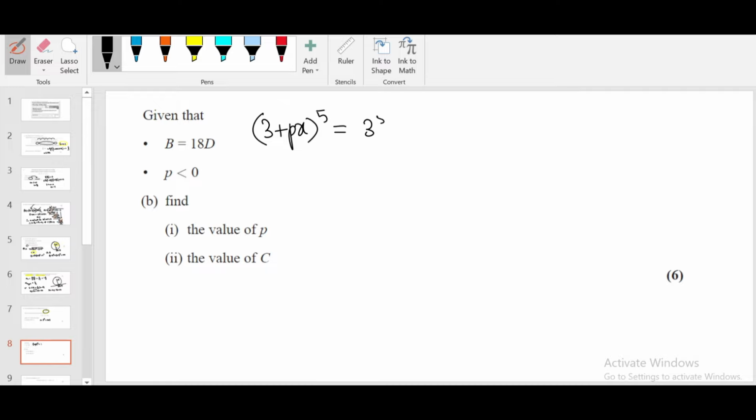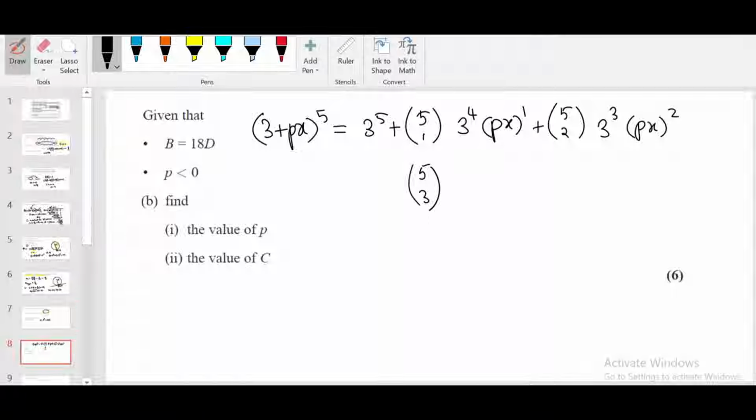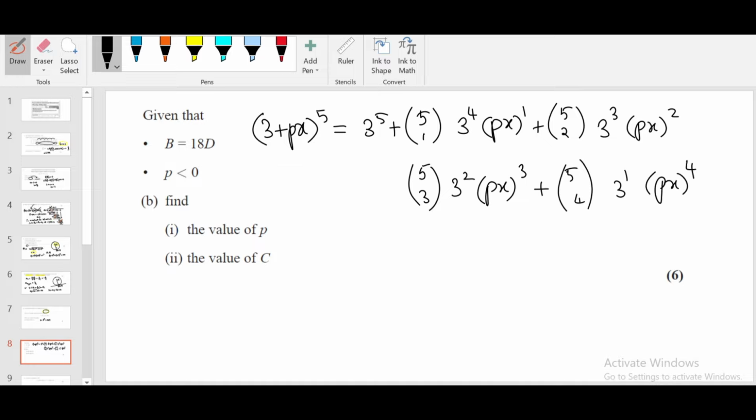It's a power n plus nc1 a power n minus 1 b power 1, b is the second term, nc2 a power n minus 2 b power 2, and then nc3, and the next term is nc4, 3 power 2, 3 power 1, px power 3, px power 4.